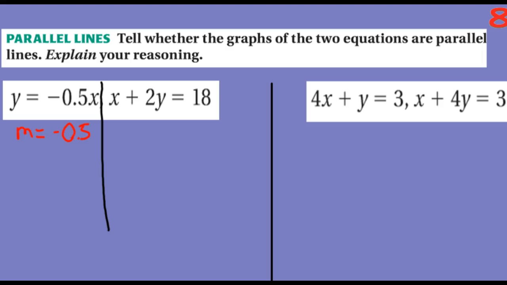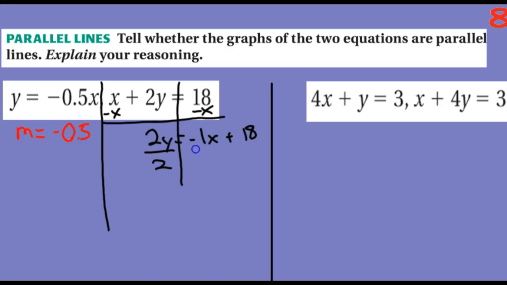Here I'm going to need to solve for y. So I'm going to need to subtract x on both sides. So we get 2y equals negative 1x plus 18. Divide by 2 to get y by itself. We get y equals negative 1/2 x plus 9.